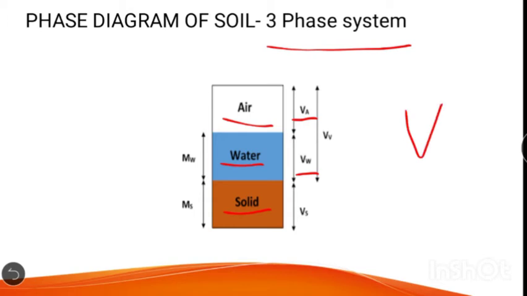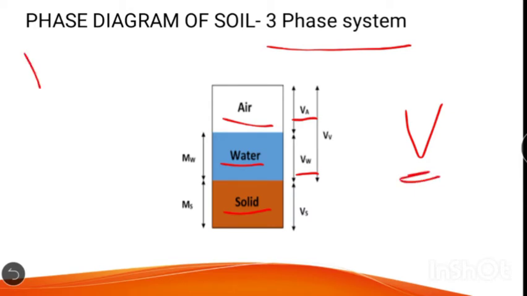When we are talking about the volume of air, we call it Va. When we talk about the volume of water, we write Vw. When we talk about the volume of solid, it is written as Vs. And when we are talking about total volume, it is known as capital V.